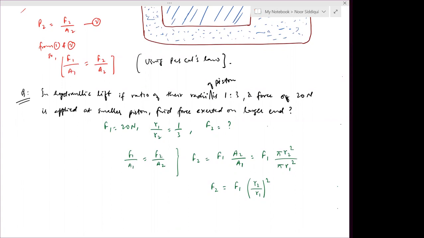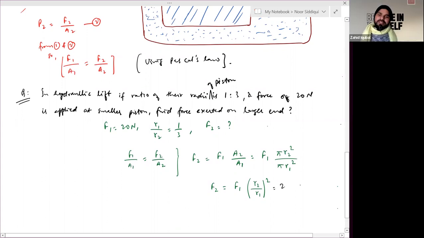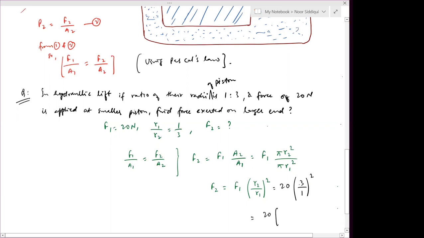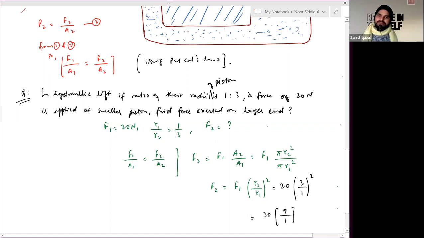Sir, how do you square 3 by 1? We have F1 as 20 and R2 divided by R1 will be 3 divided by 1 whole square. So numerator will square individually and denominator will square individually. So you'll get 20, square of 3 will be 9 and square of 1 will be just 1.